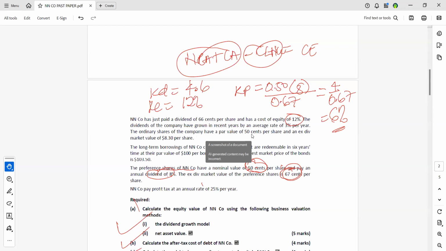So I have the KD now, I have the KE, I have the KP. Now, because the company is financed by equity, debt, and preference, I need to use their KE, KP, KD.